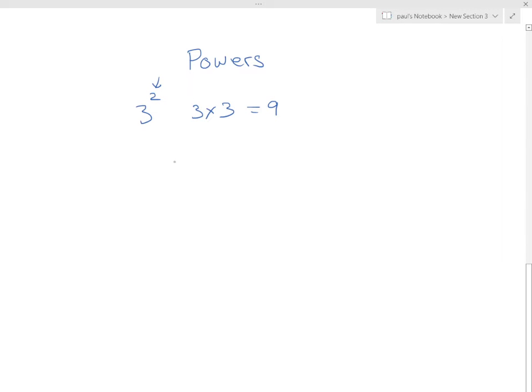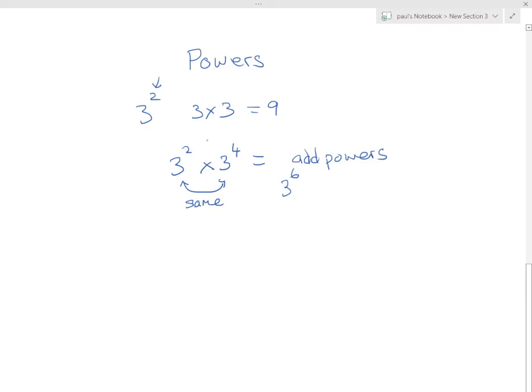power numbers together. So if we did 3 squared times 3 to the 4, as long as these two things are the same, you can go ahead. And what you do when you multiply, you add the powers. So this will be 3 to the 6.